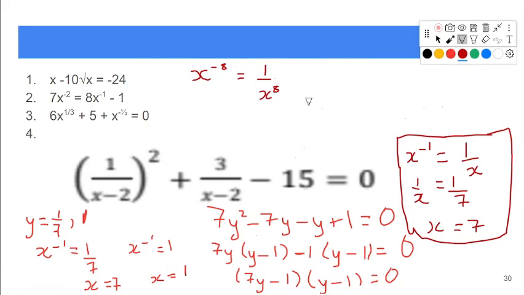So you want to know how I would solve it if it was x to -8 is equal to 1/7? Yeah. Okay. So for this one, what we would have to do is say 1/x to the 8 is equal to 1/7.